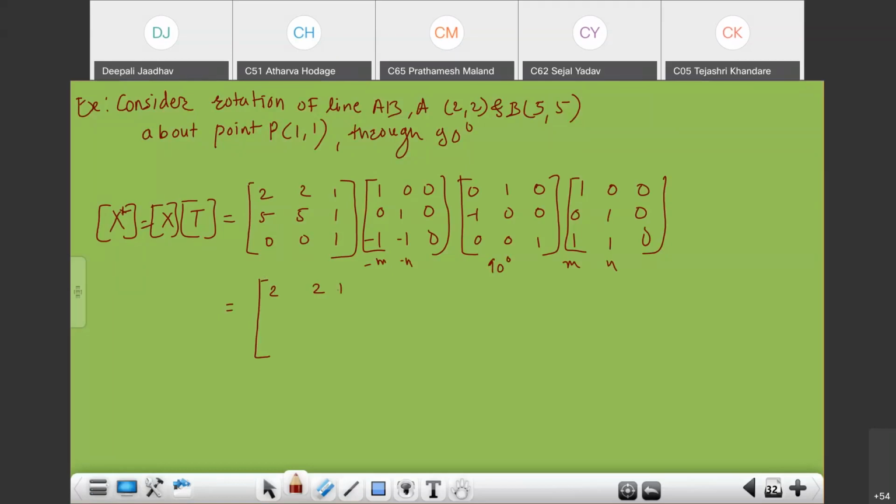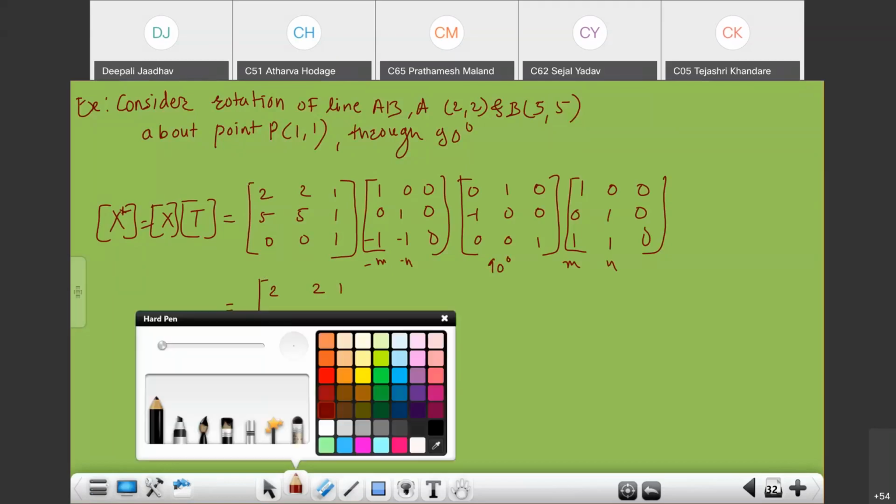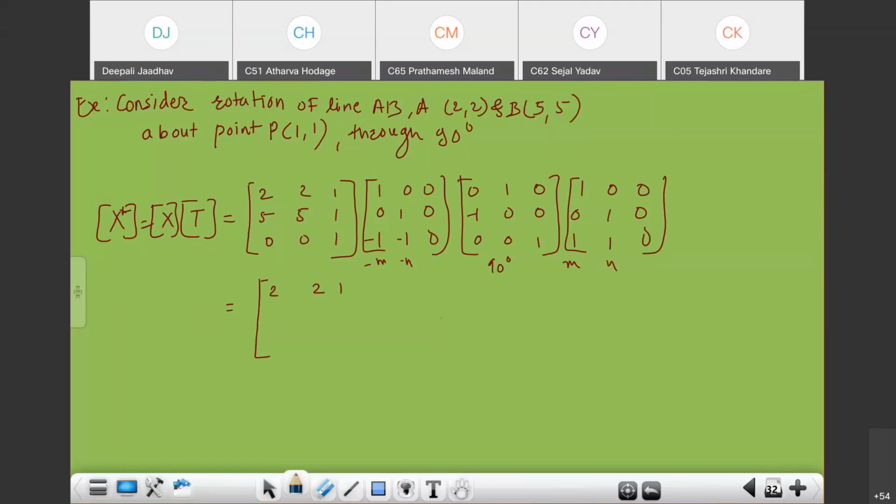I draw it here so that you can understand what actually happens. What is the line? Original line, A is (2, 2), it is here.